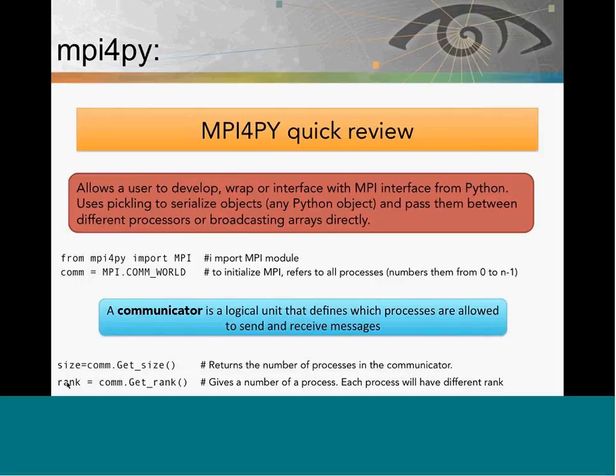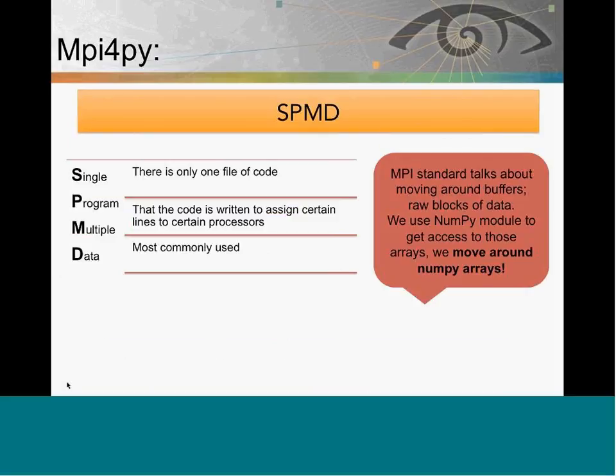In MPI you need to finalize MPI. To do it, you say comm equal to MPI.COMM_WORLD. You get how many processors are available in the communicator, and get the rank. So these are the basic functions in MPI, and then you can build the code on top of these functions.